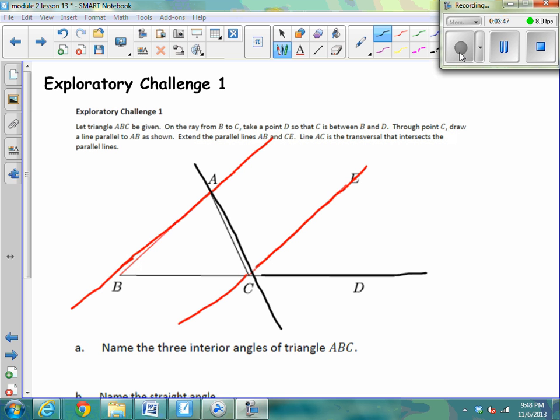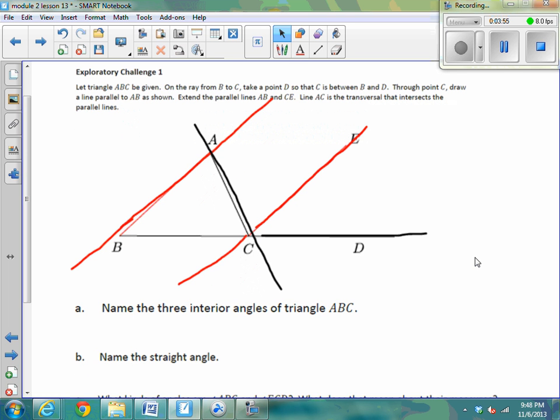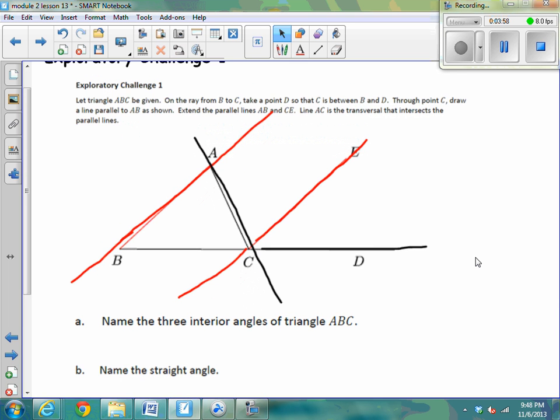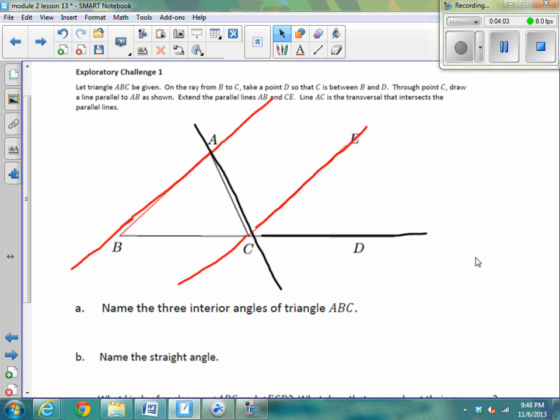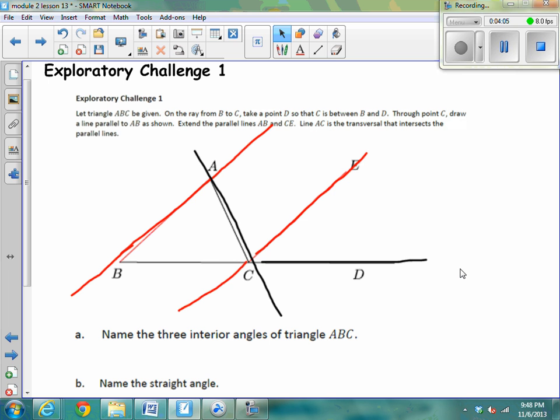So in this drawing, we're going to name the 3 interior angles of triangle ABC and name the straight angle, and then we're going to answer some other questions. So the 3 interior angles you should see are, well, there's one called ABC.